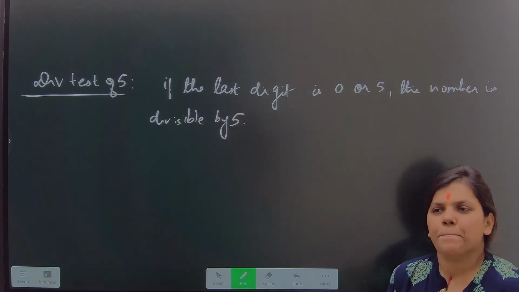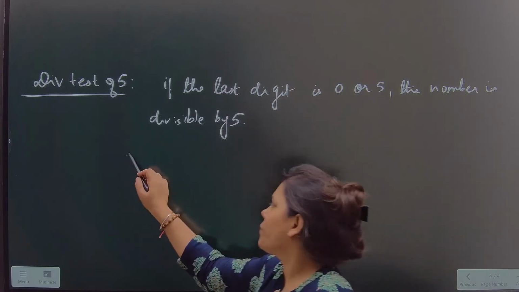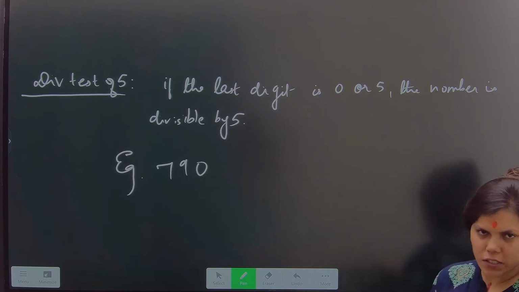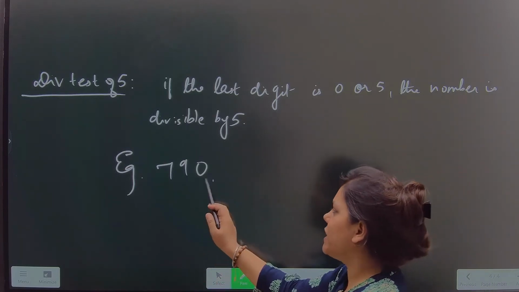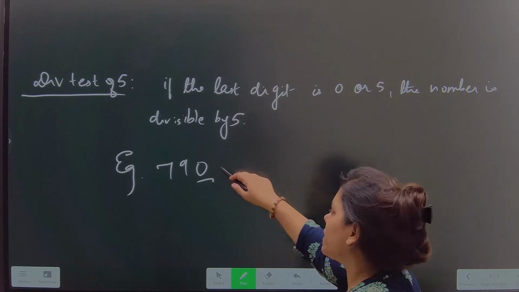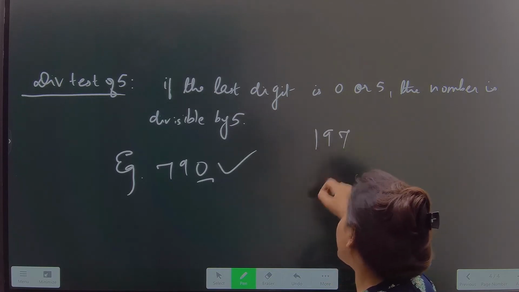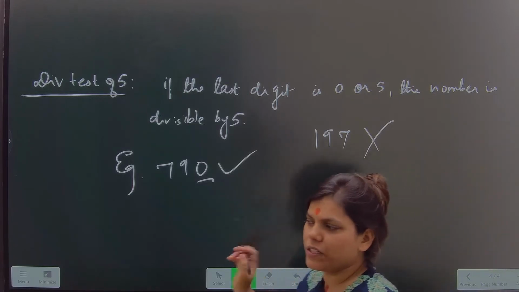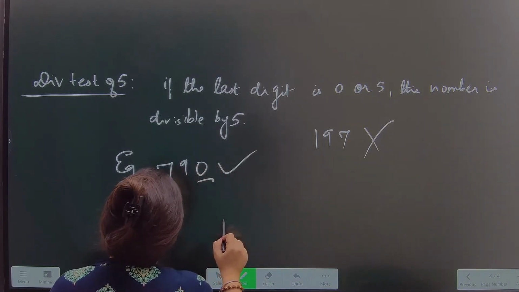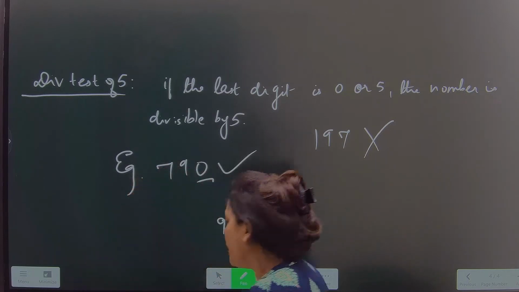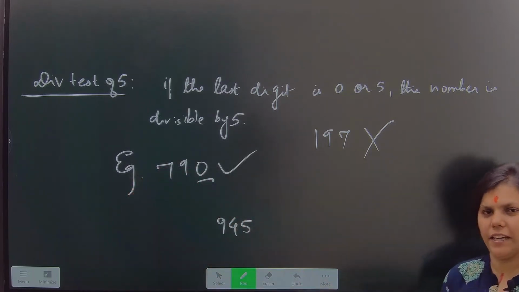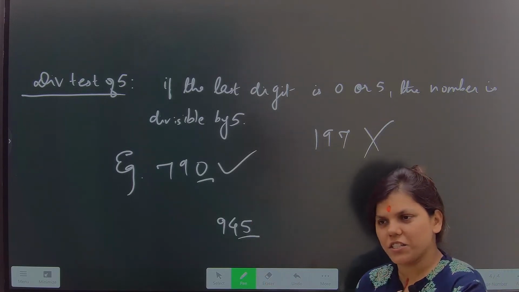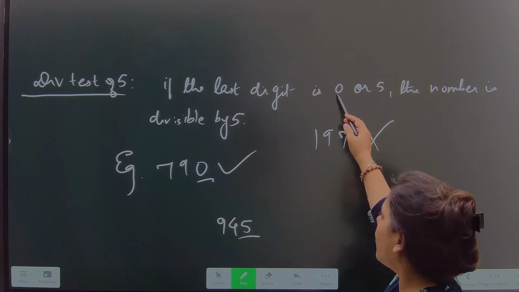Okay? Let us say 790. So is this divisible by 5? Yes, it is, because it ends with 0. Fine? If I take this example, 197. So this is not divisible by 5 because it ends with 7. Is this number divisible by 5? Yes, because the last digit of the number is 5. So the last digit should be either 0 or 5.